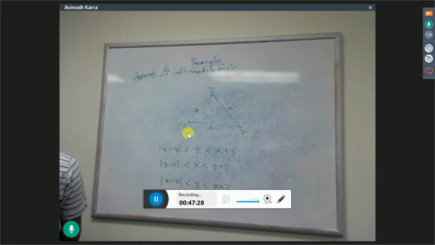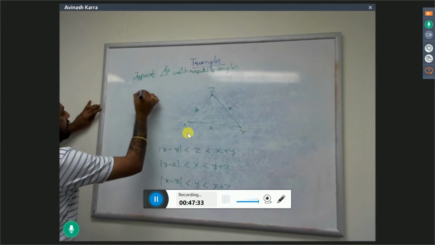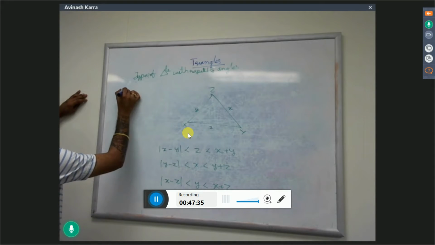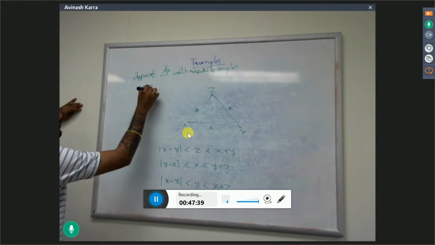So, for example, let me give an example. Sides are 1, 4, 6, and 7.